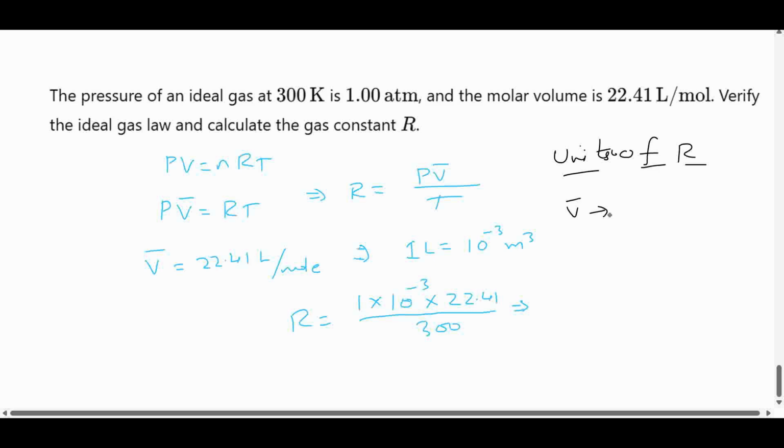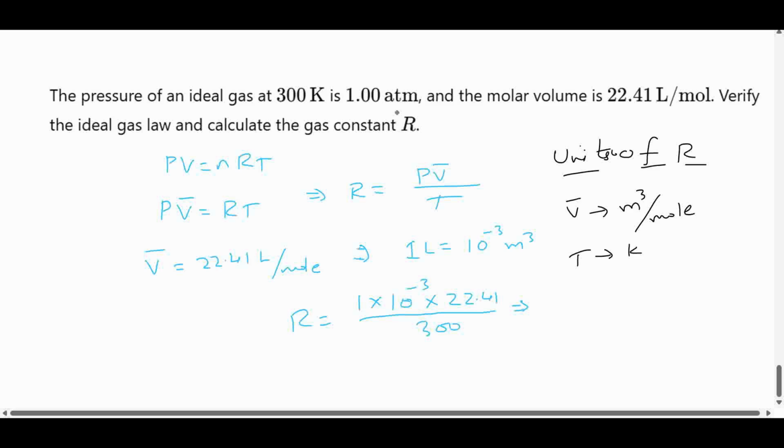The SI unit of molar volume is meter cube per mole, and temperature T is in Kelvin. But we are using the pressure in atmosphere, and we have to convert that into SI units.